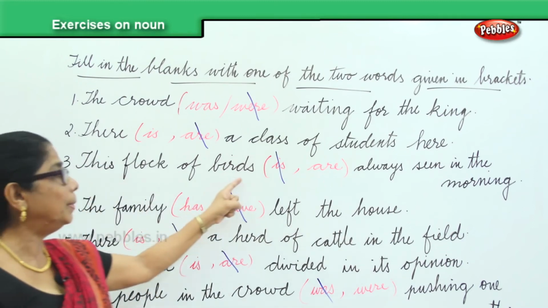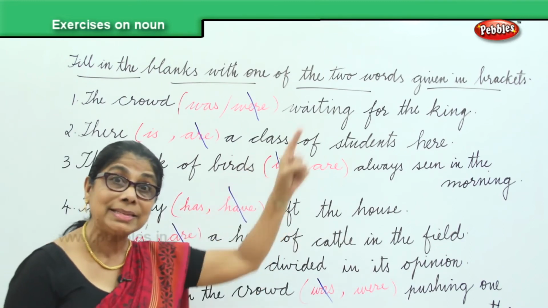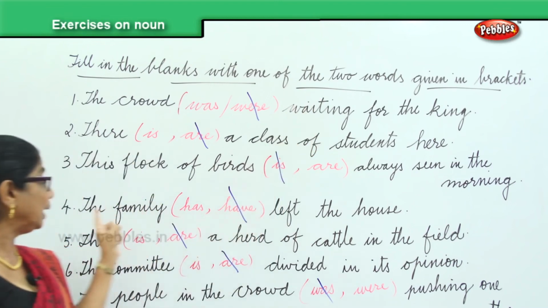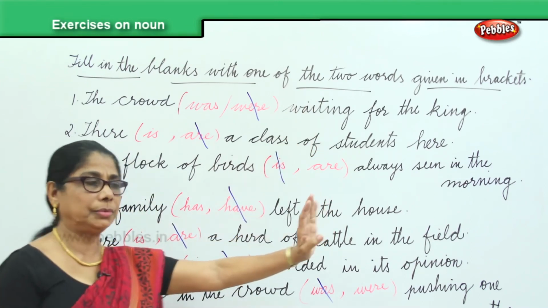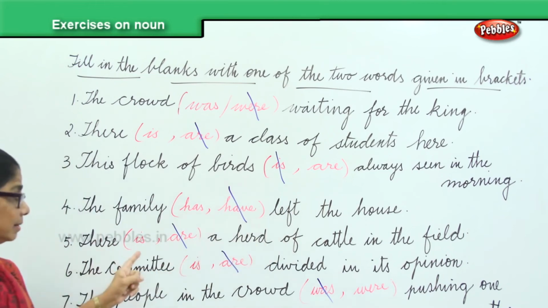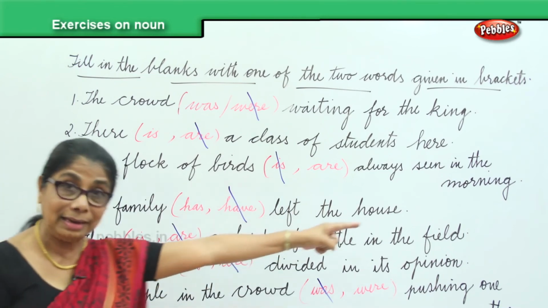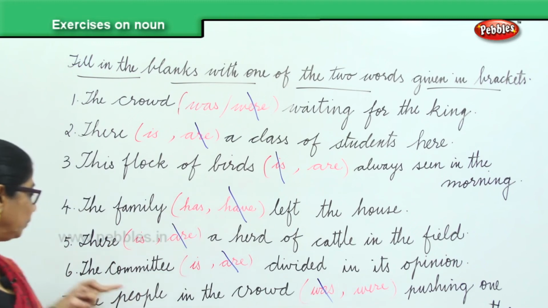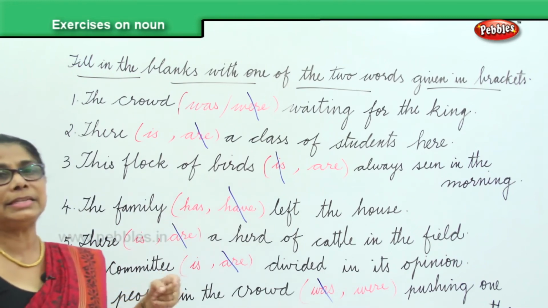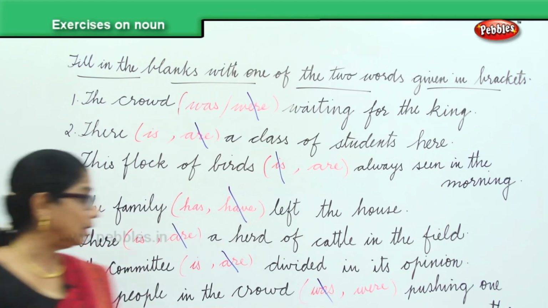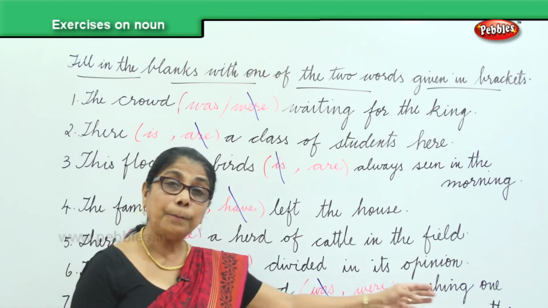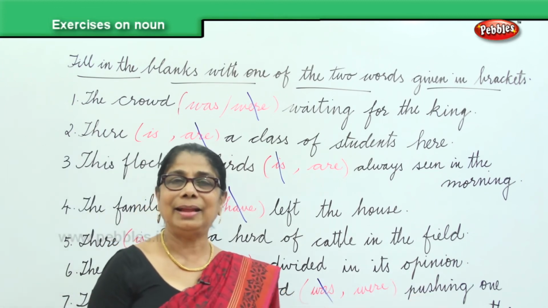This flock of birds are always seen in the morning. The family has left the house. There is a herd of cattle in the field. The committee is divided in its opinion. The people in the crowd were pushing one another.